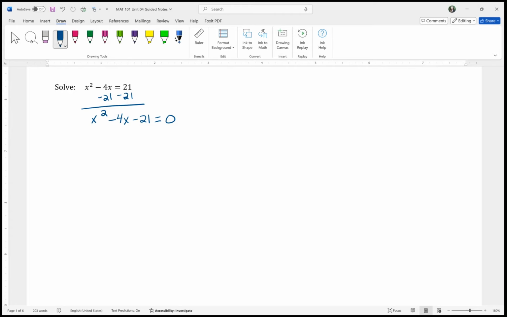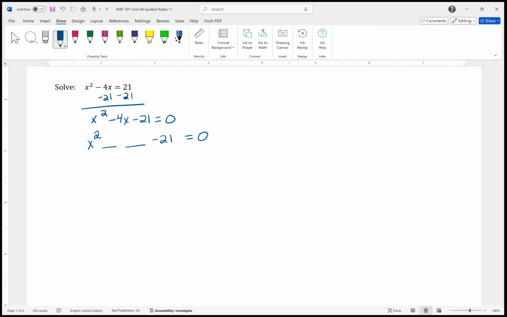That was step 2. Step 3 is factor. So we want to factor on our left-hand side here. That means we're going to first set this up. So x squared with a blank and a minus 21 equals 0. We're breaking down the -4x, but we don't know what that's going to break into yet. So let's figure that out.